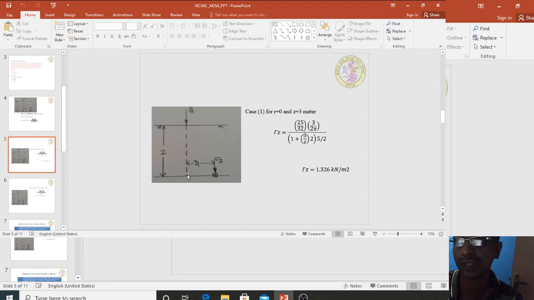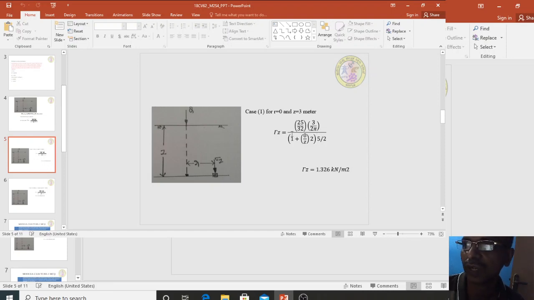If you neglect this term, because r is 0, then 25 into 3 is 75 divided by 6.4 into 5.